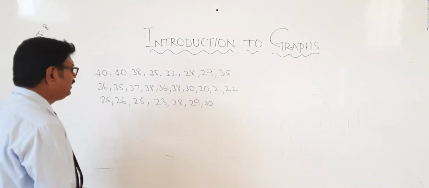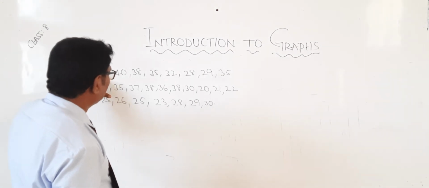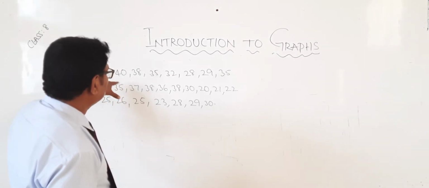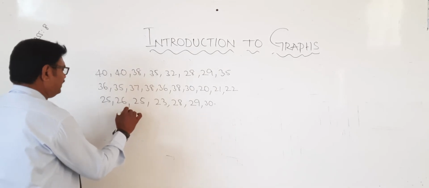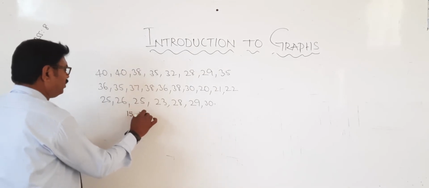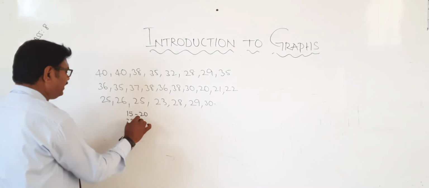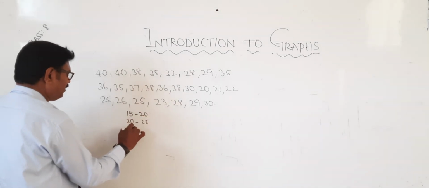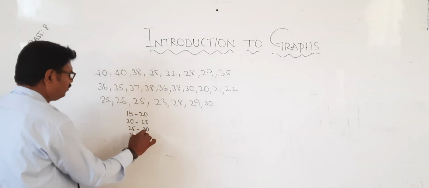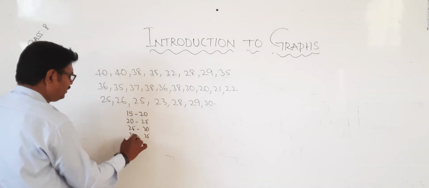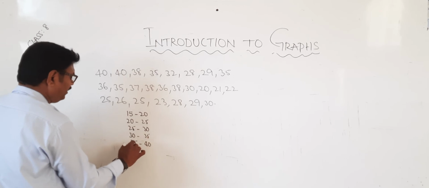Grouping method means, see here highest is 40, so lowest is 20 is there. We can do like this. How? Like this: 15 to 20, 20 to 25, 25 to 30, 30 to 35, 35 to 40.